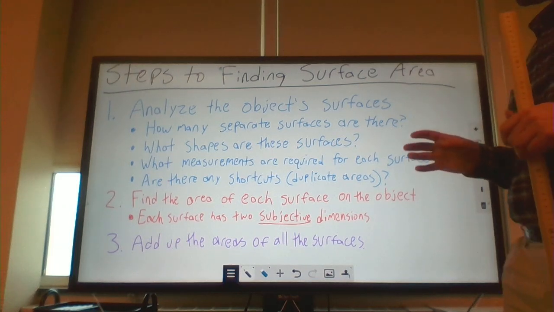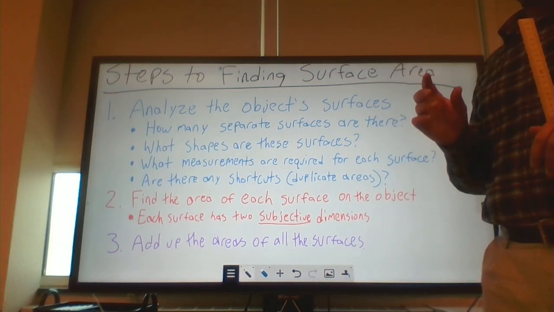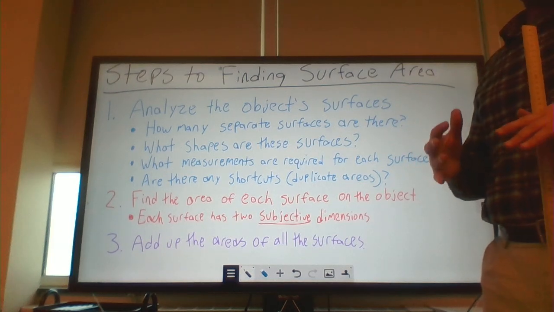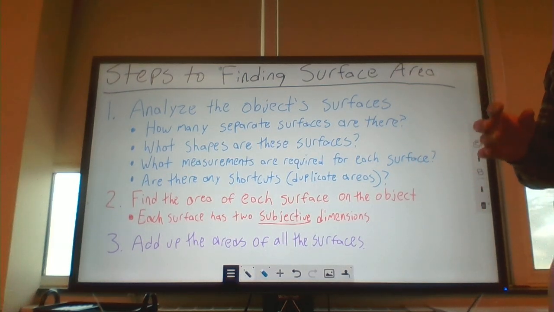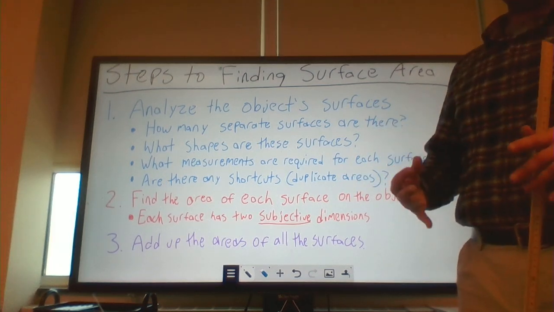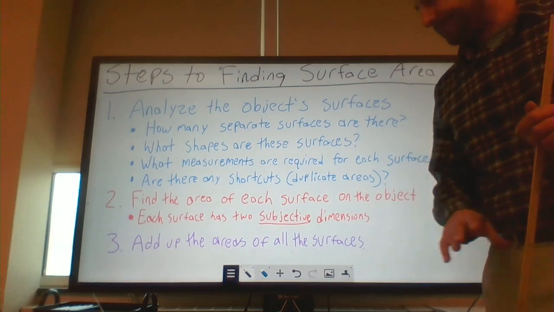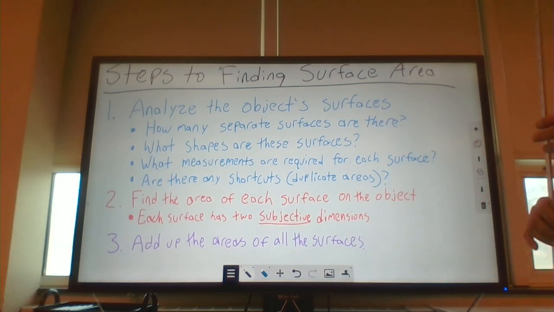Since the areas are subjective, we need to be thinking about finding the 2 dimensions for each area individually, and they may not necessarily line up with the x, y, z dimensions that we're accustomed to using when we're finding volume. And finally, we have to add up the areas of all the surfaces.